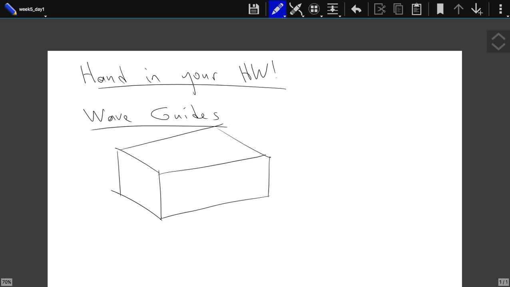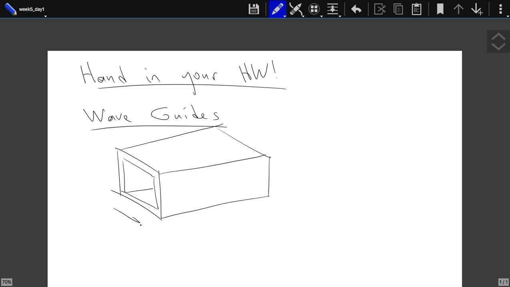If the thickness of the conductor is much thicker than the skin depth, then basically nothing goes beyond the conductor. So these waveguides should also have some thickness, so that basically nothing leaves them. The electromagnetic wave is confined inside.